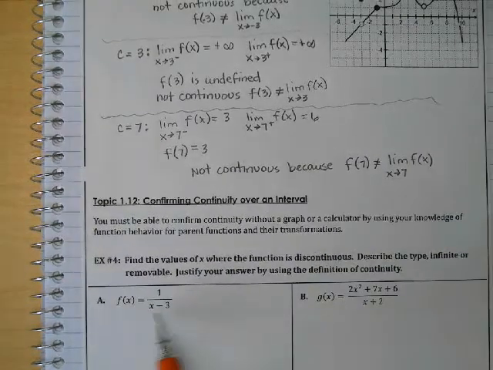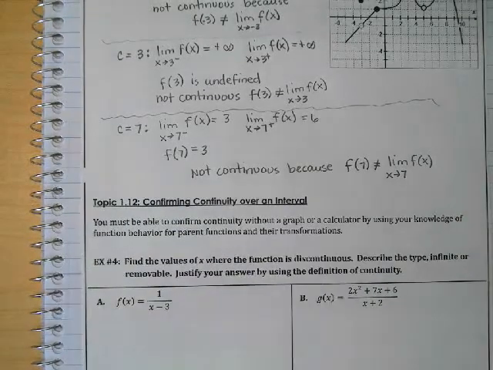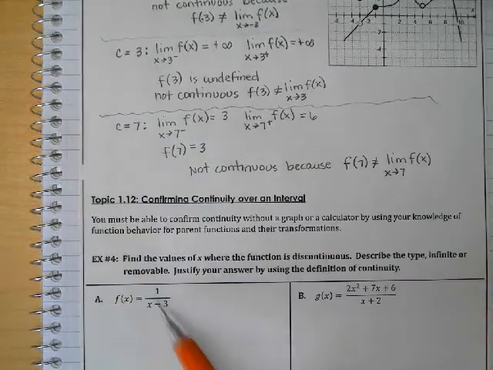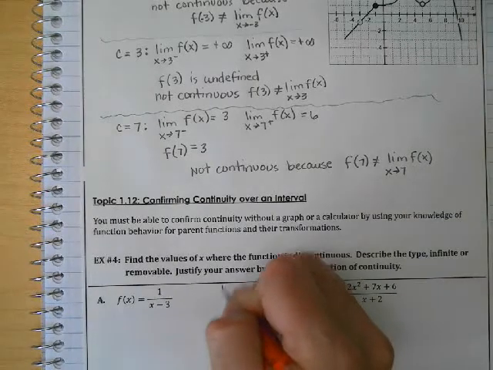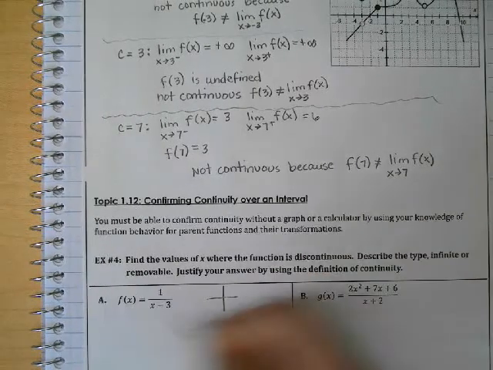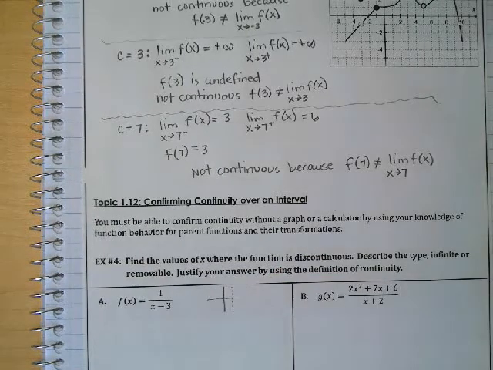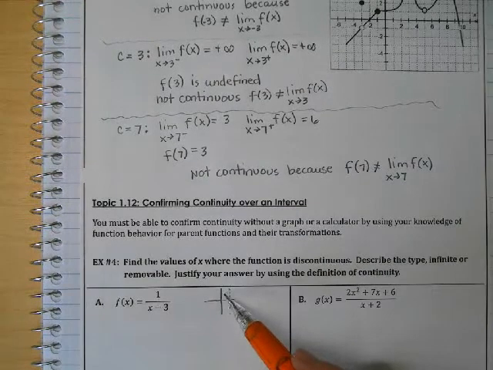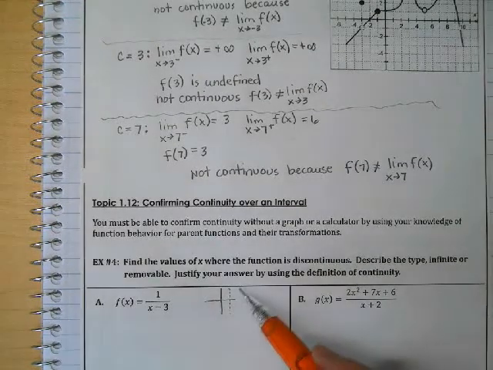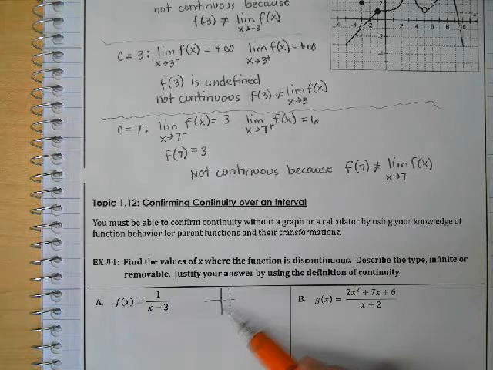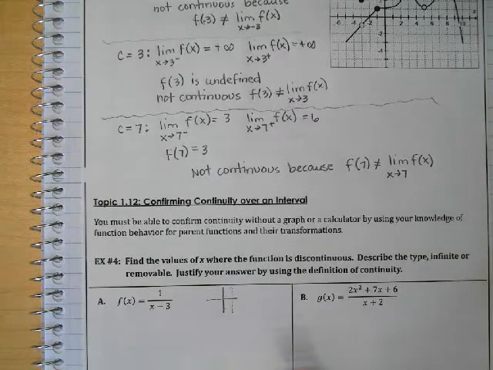Okay, so what I want is an idea of what this is. Well, this is a rational function, and I know that there is an asymptote at x equals 3. I'm not sure, does this thing go in this quadrant and this one, or does it go here and here? So I could just put in a test point.